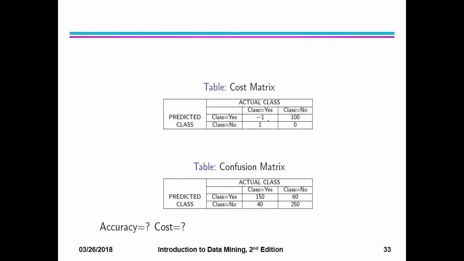If you rightly classify the item, that is true positive, so that weightage is -1. It is like a penalty. So, 100 if you falsely say this guy is having cancer, but actually that guy is not having cancer.